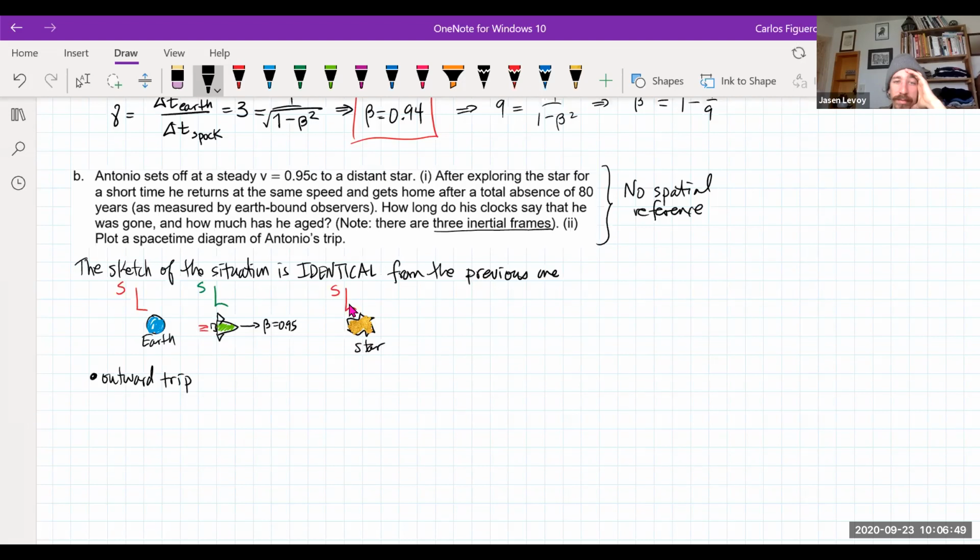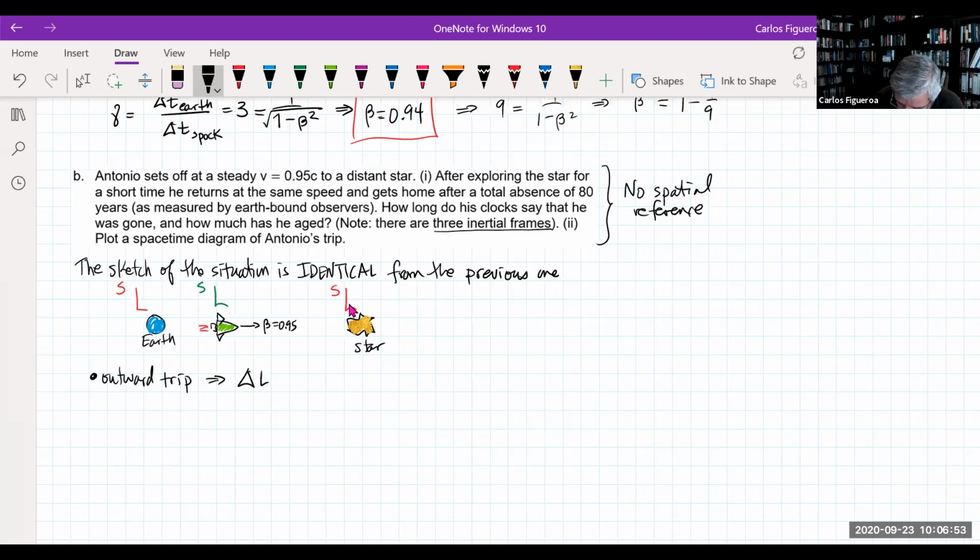There's got to be an outward trip. When I look at my time, I'm going to call that T1. Then, if you really want to be technical, this rocket has to move around the star and then make a return. So there has to be a turnaround.